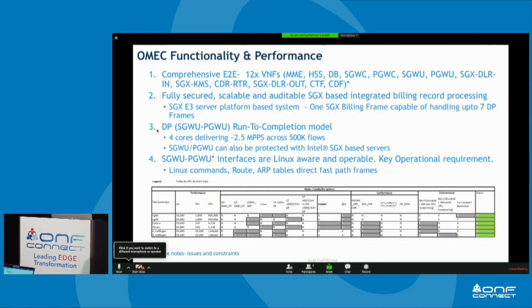So overall, 4 cores are used in the S gateway U, P gateway U configuration, and so far we have tested up to 2.5 million packets per second across 500K flows. That means we have simulated 500K flows, roughly equivalent to 500K UEs. And for 500K UEs on a single 4-core implementation, we have tested up to 2.5 Mbps.